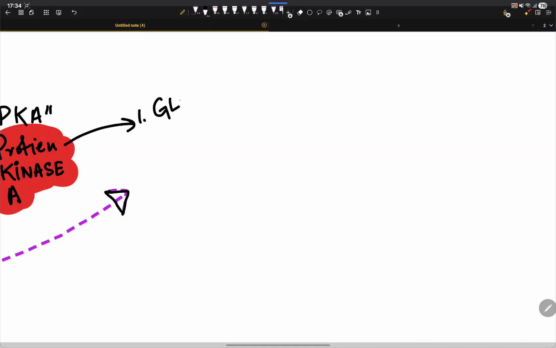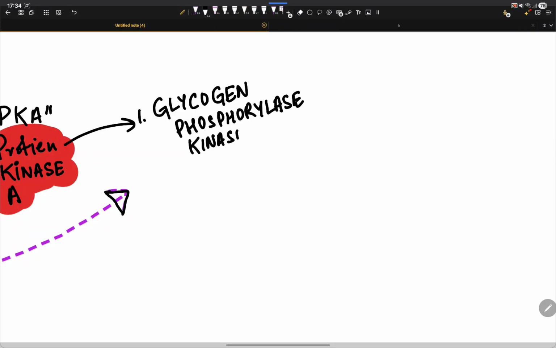Glycogen phosphorylase kinase. It's also a kinase. It also phosphorylates something, right? Glycogen is related to glycogen.